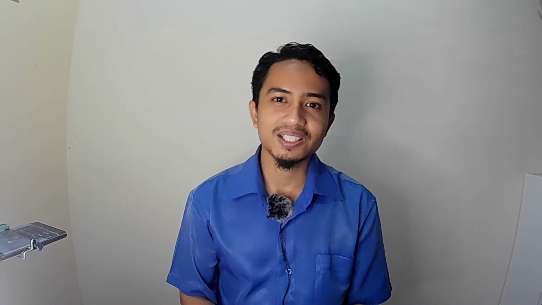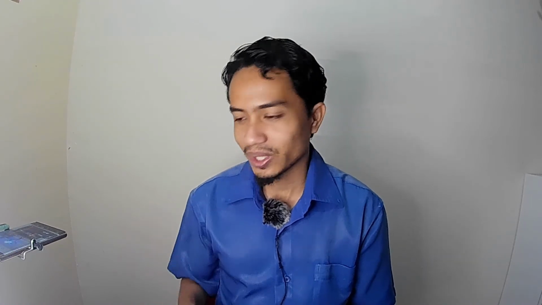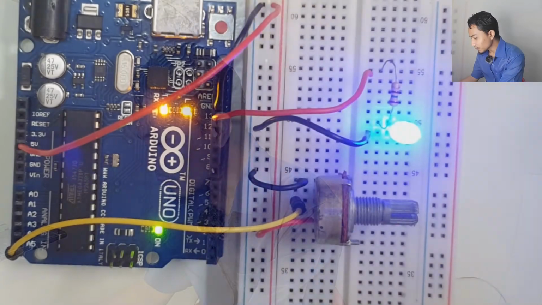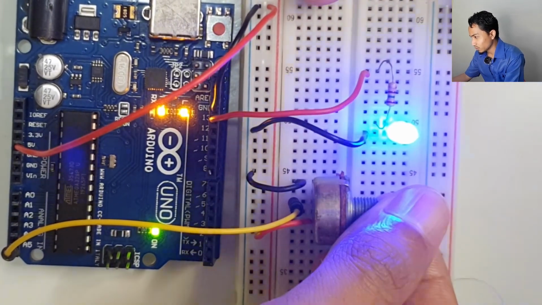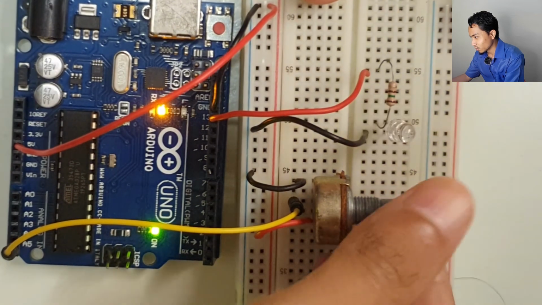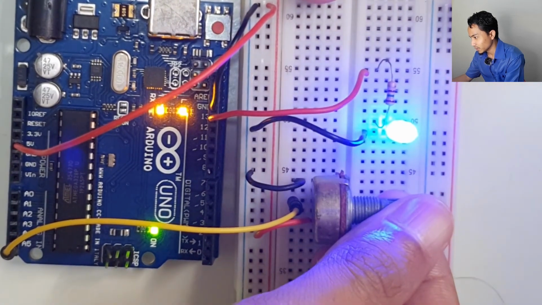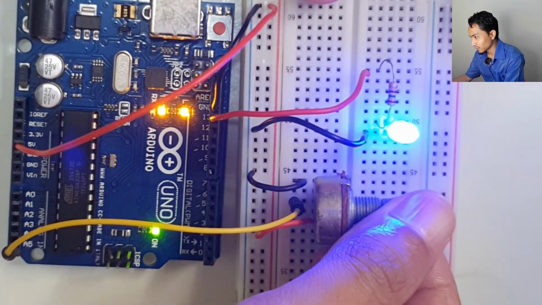Our second assessment is this one here. Now you can see this LED is blinking, and when we turn this knob, the blinking becomes slower and slower.